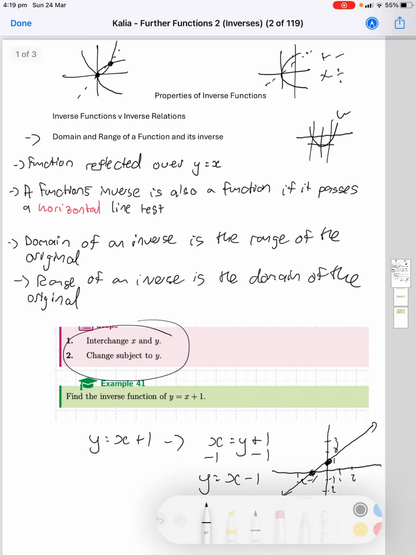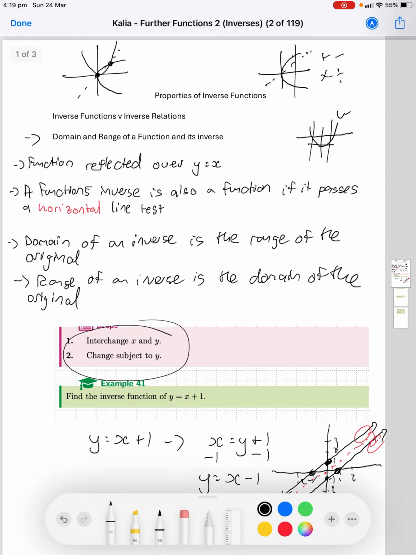And then we have the graph of y equals x minus 1. We see that they are perfect reflections over the diagonal line of y equals x. We reflected both lines over to each other, and it ends up working reasonably well.